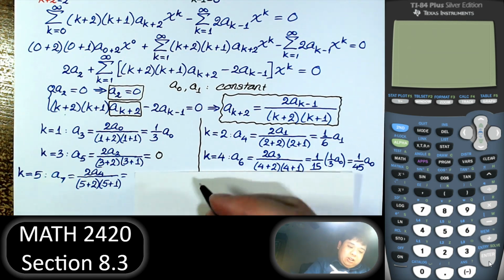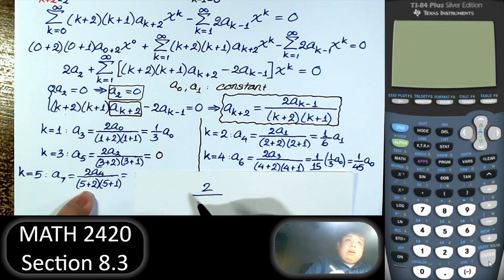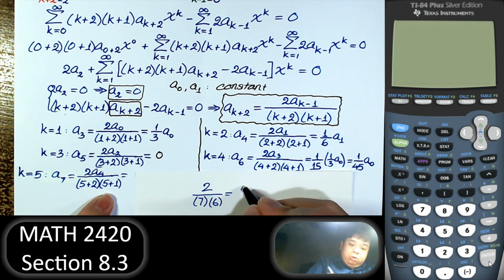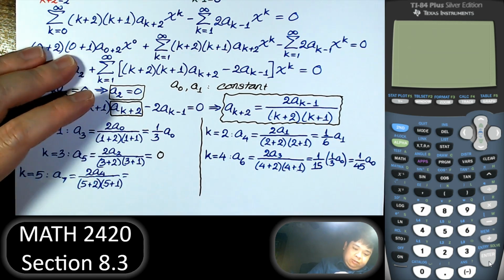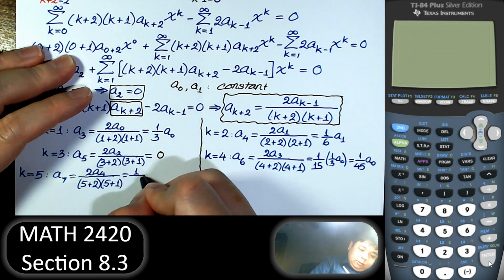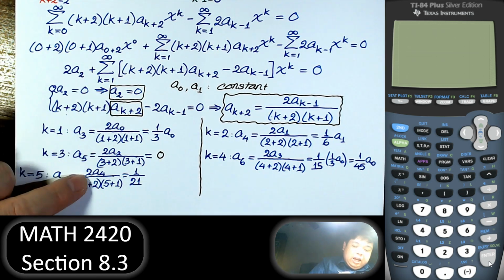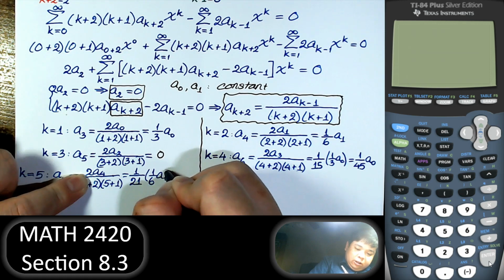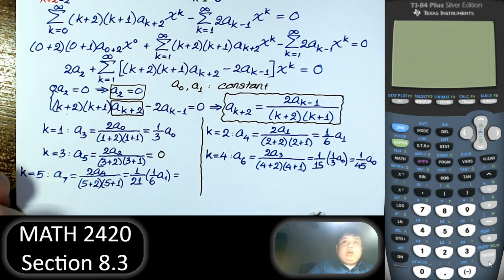Right, so what we have is 2 over 5 plus 2 is 7, 5 plus 1 is 6. 2 over 42 or 1 over 21. A4 is 1 over 6 a1. Right, 6 times 21.